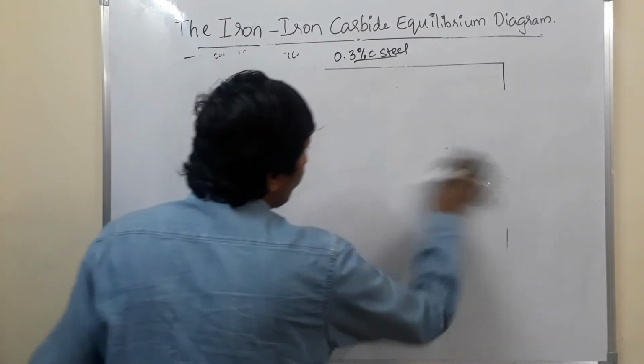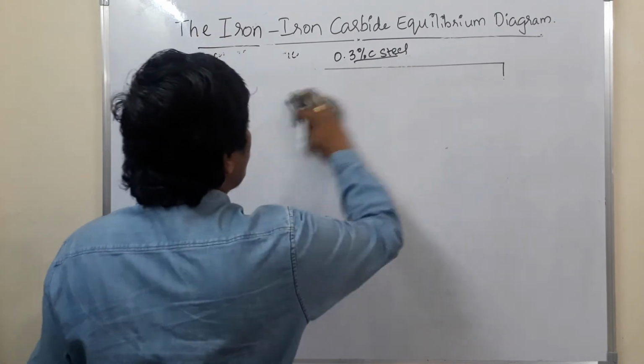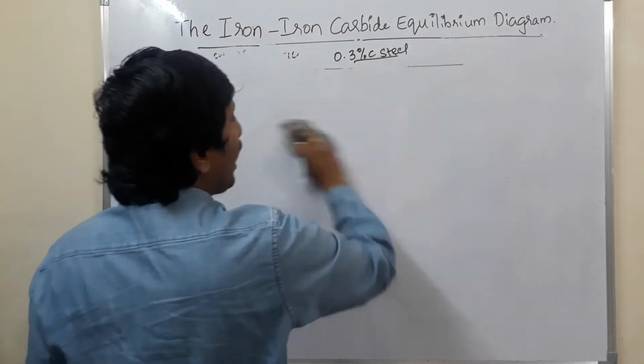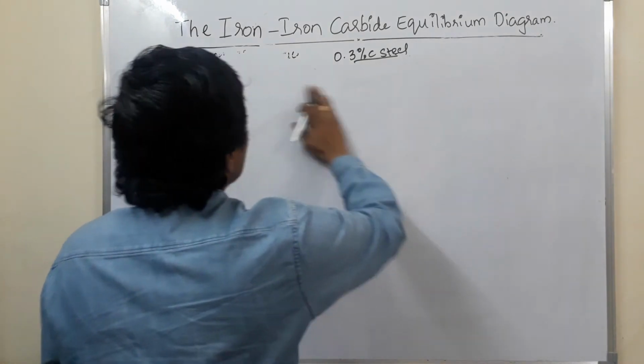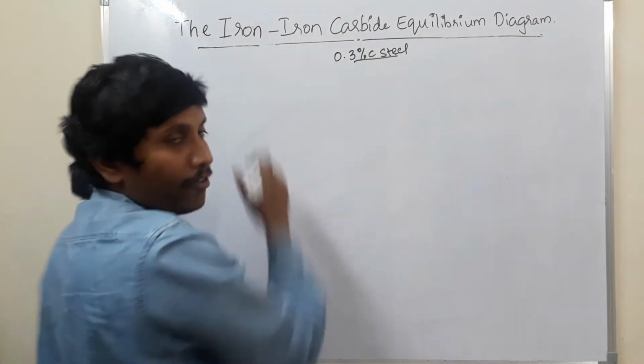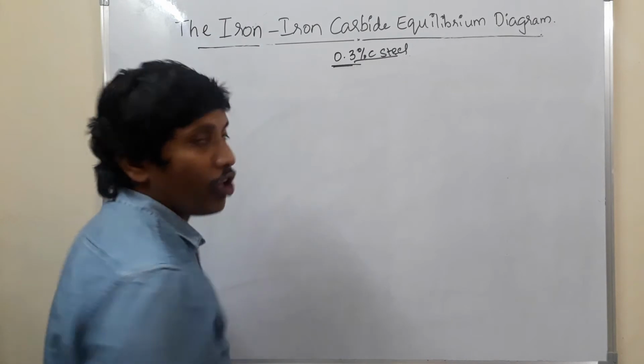I will draw only the portion of the iron carbide equilibrium diagram in the hypoeutectoid steel range, because we are studying the microstructural changes for a 0.3 percent carbon steel.